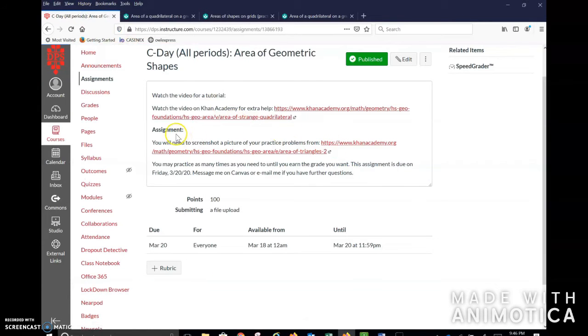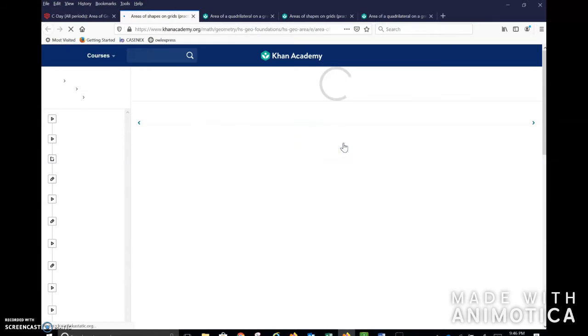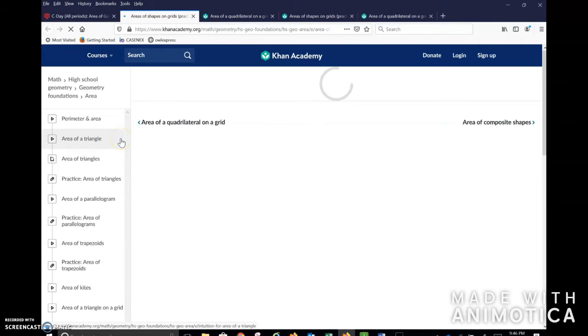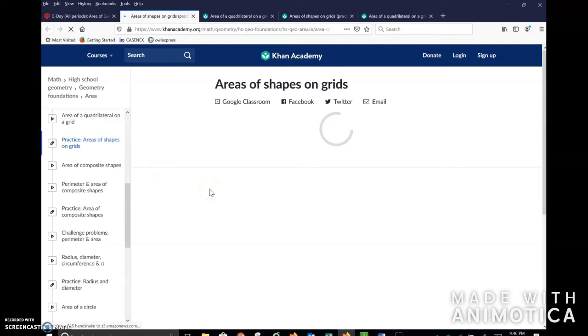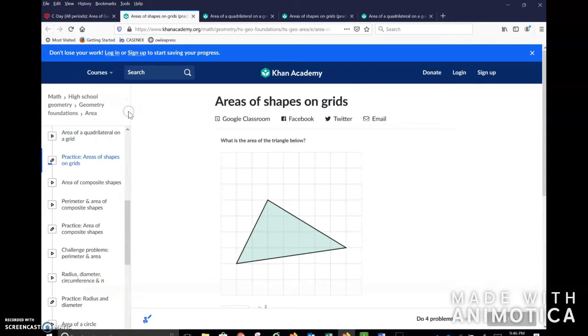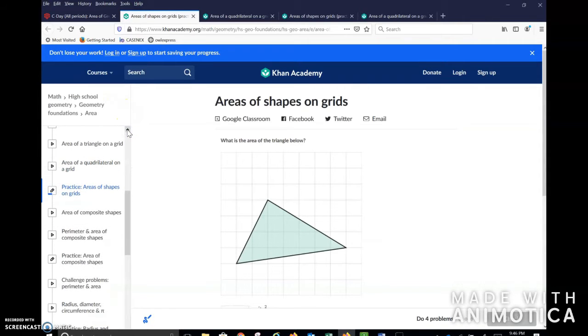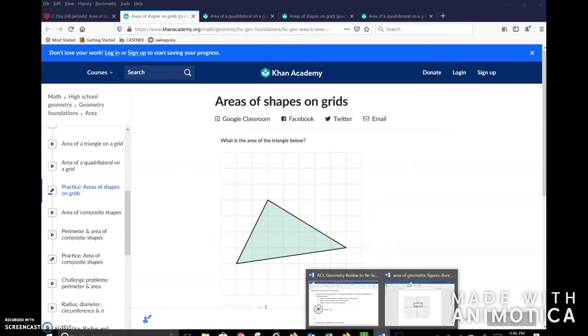I'm going to click on the assignment, which takes you to the practice that was right below the video. On the left hand side, that's the practice. Right above that is the video that I was just on, and then there's the other video. I wanted to walk through a few problems before actually working the one on Khan Academy.